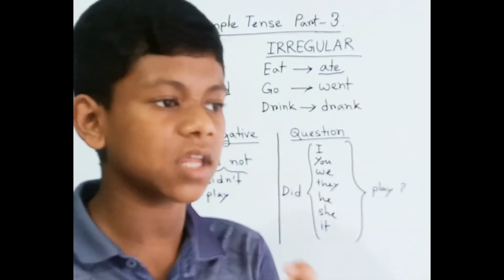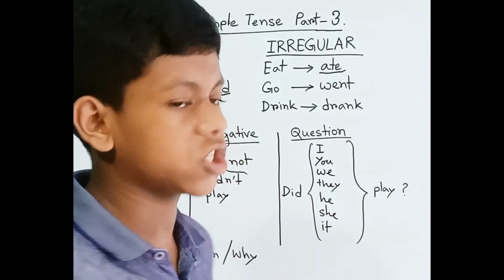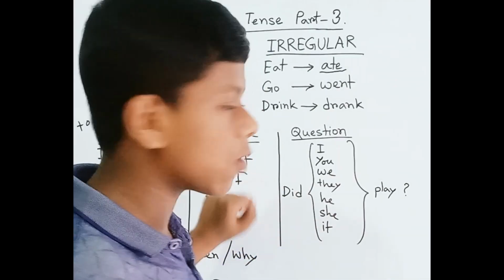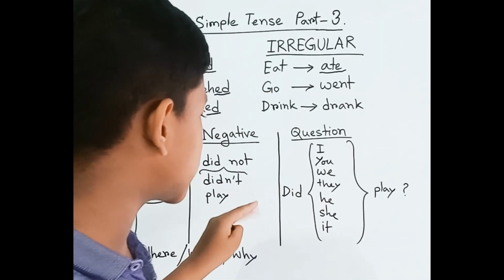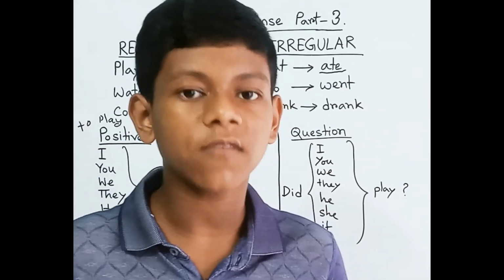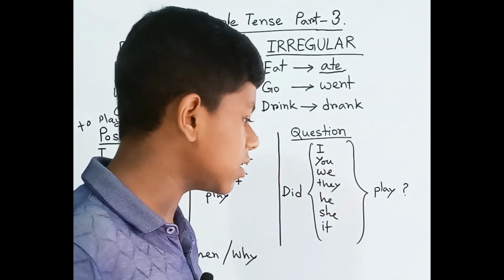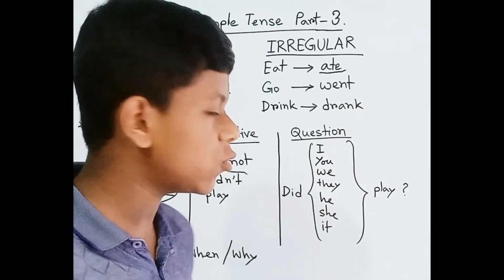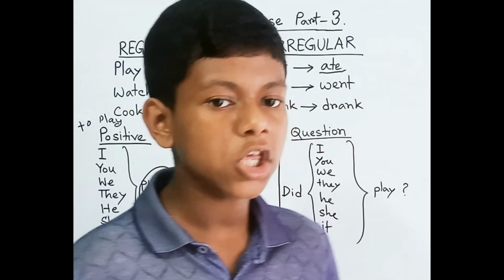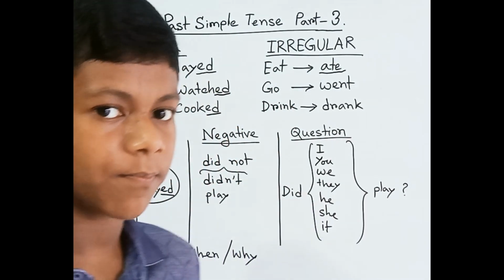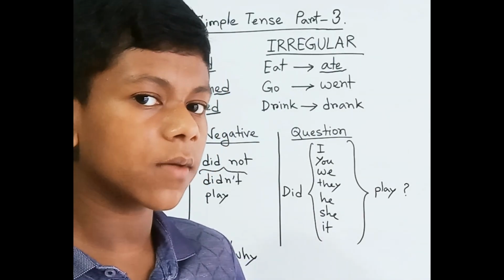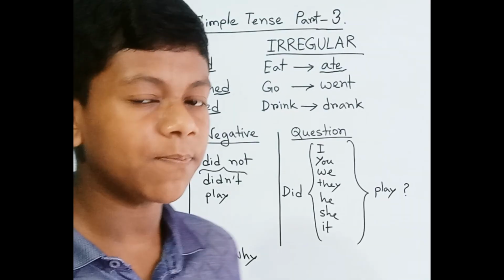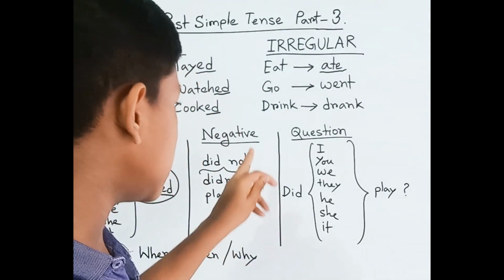Because didn't is a contraction, a short form, of did not. You can say both of them, but did not sounds more formal. In the negative sentence, the base form will stay the same.